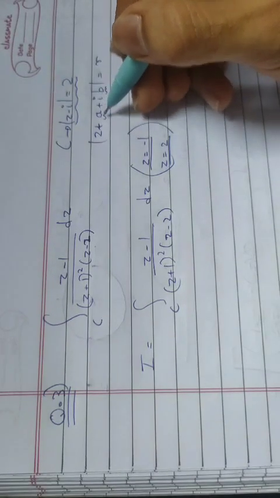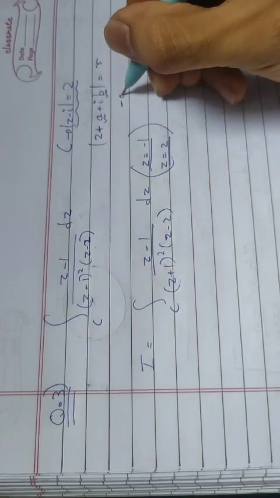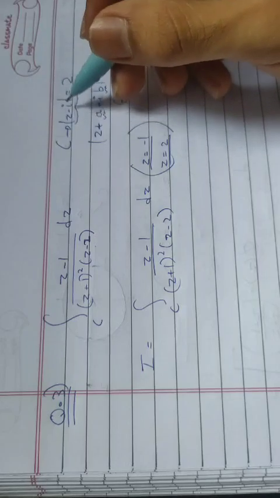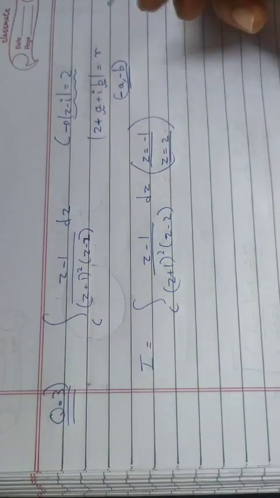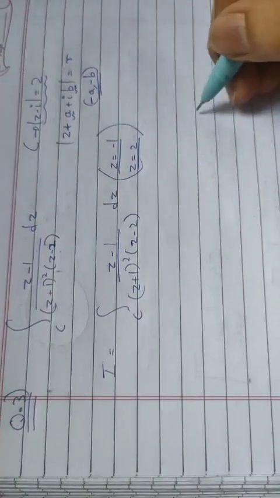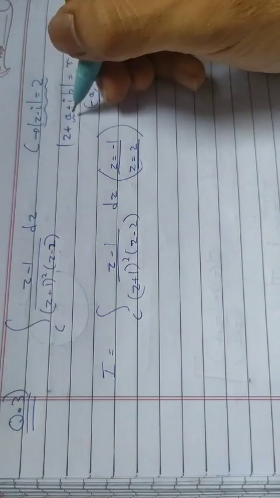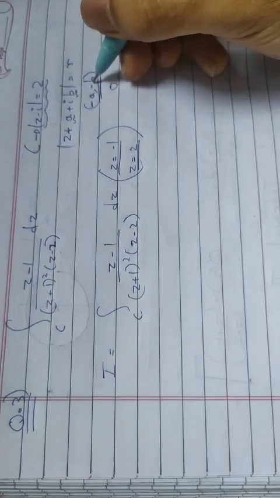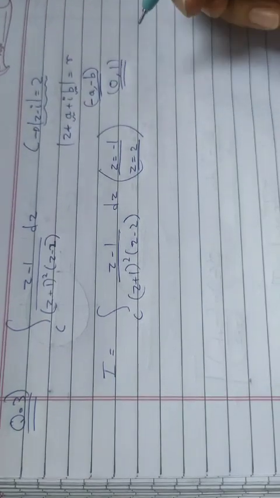Like if plus a and plus b is there, then minus a comma minus b. So similarly over here, a is 0 and b is minus 1, so minus or minus plus, so 0 comma 1, that is our center.